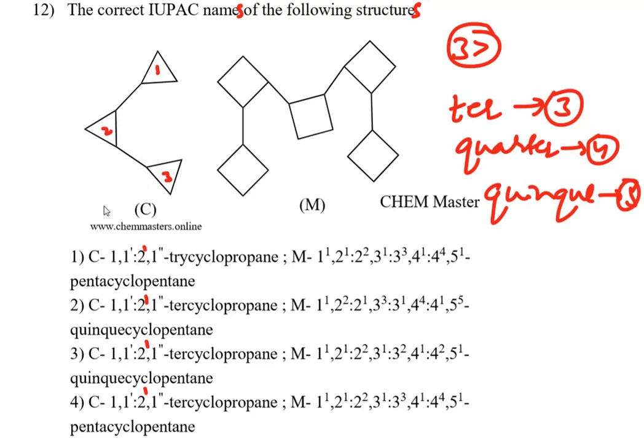After giving numbering to the parent cyclic rings or identical cyclic rings, we should start locants, or just numberings, from the junctions of each identical ring. Okay, right. So I'm just starting numbering from here, 1, 2, and 3. Right? So for the second one, we should start numbering from the junction. So the junction carbon gets 1.